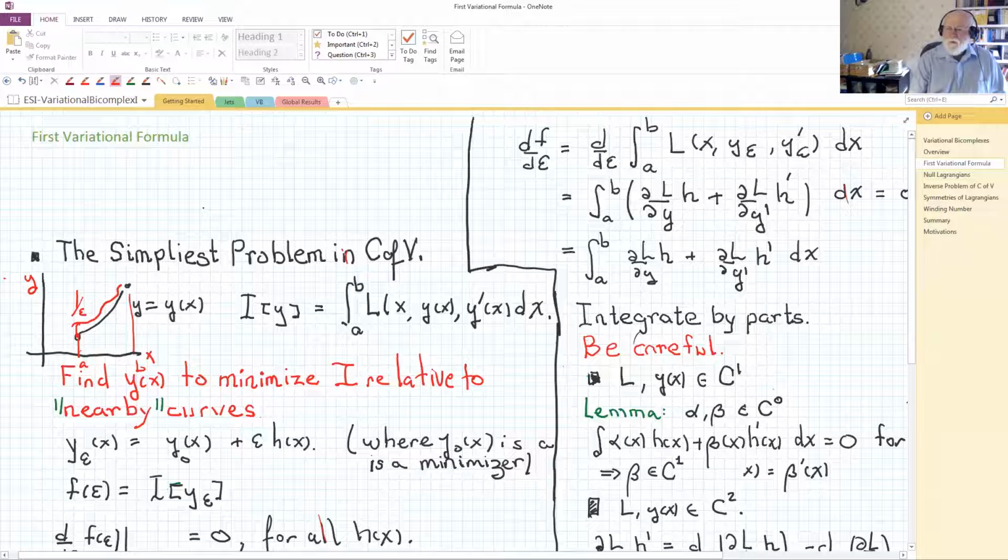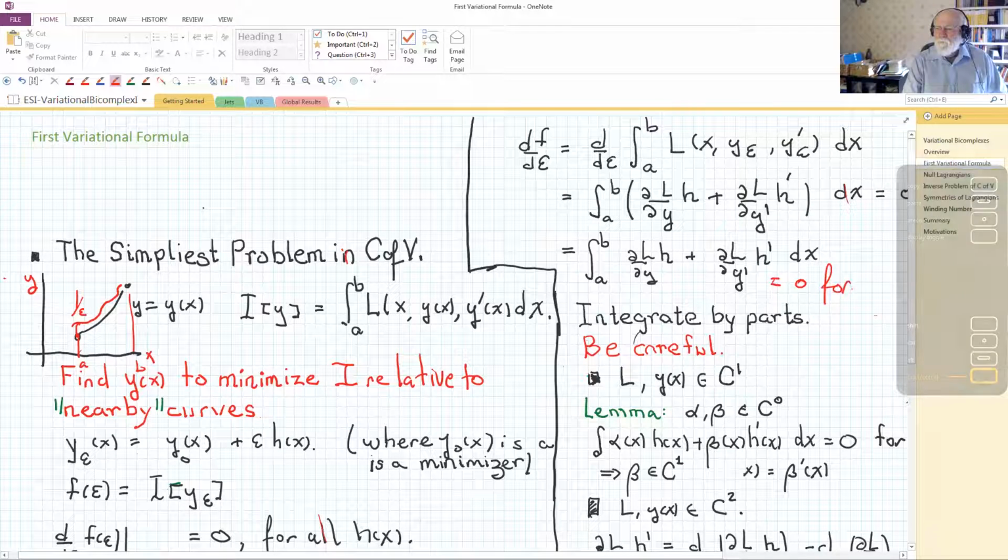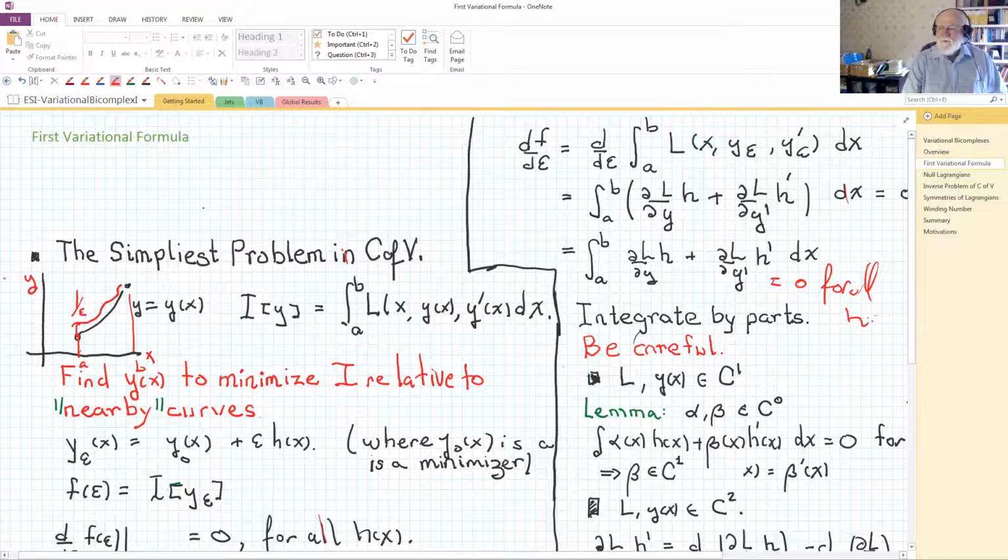Okay, and so you have this expression right here for the derivative. And this has to be 0. We want this to be 0 for all h's.